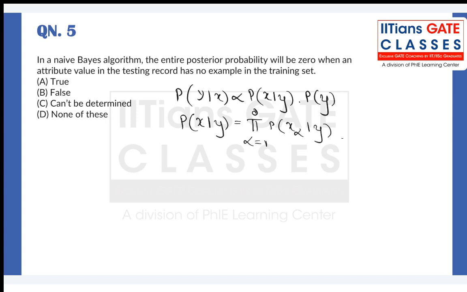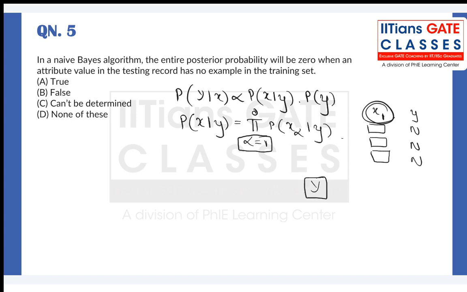Now they are saying that if there is one attribute in your training set, any attribute, let's say x of 1, for that, given the y, there is no record here. Let's say the y is all no's, but you want to calculate for yeses. For yes, there is no x1 present.